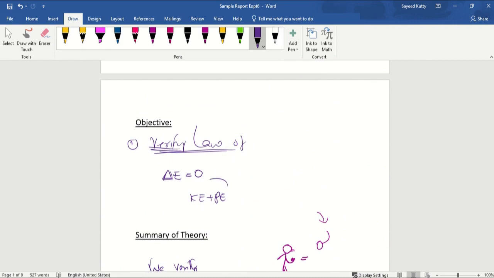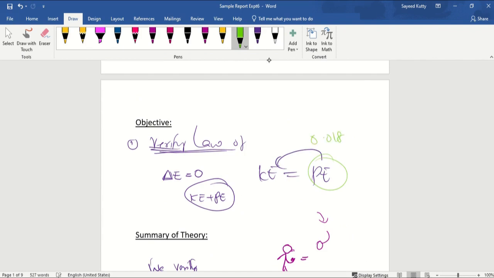In this case, the potential energy is transferred as kinetic energy, and our idea is to look for the potential energy. Today, when we calculate, the potential energy is 0.018, and it is transferred as 0.0174. There is a slight difference. It could be due to experimental error, because when we do an experiment, definitely there will be loss.